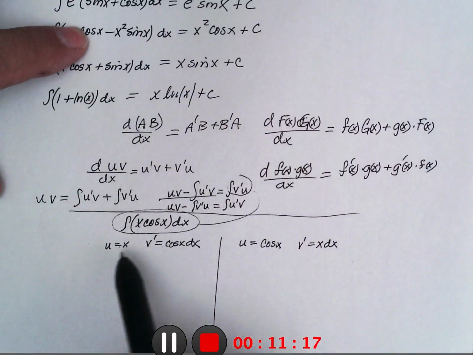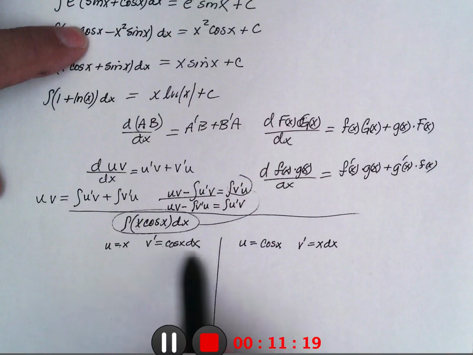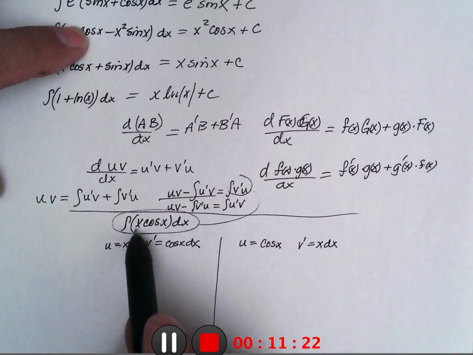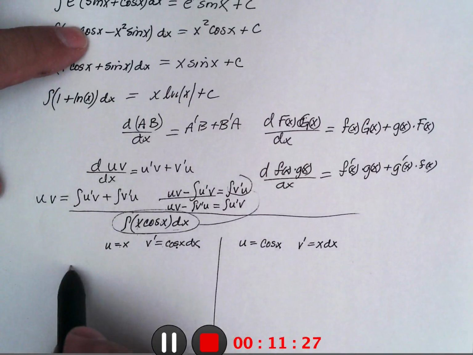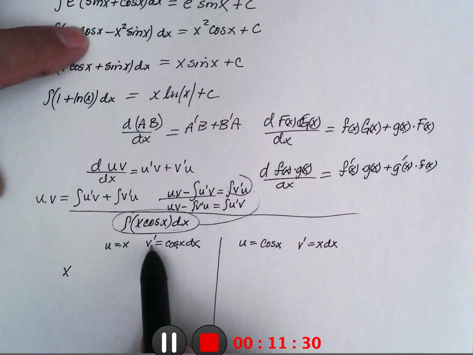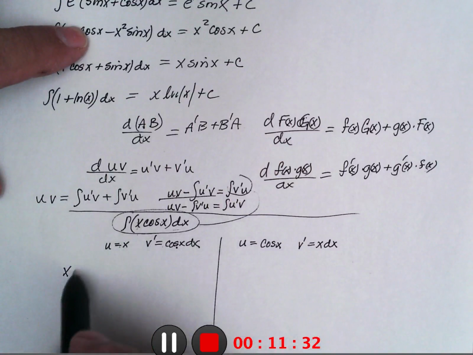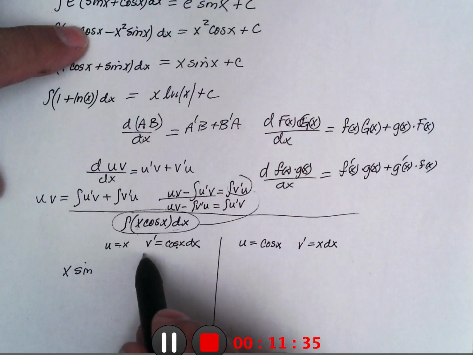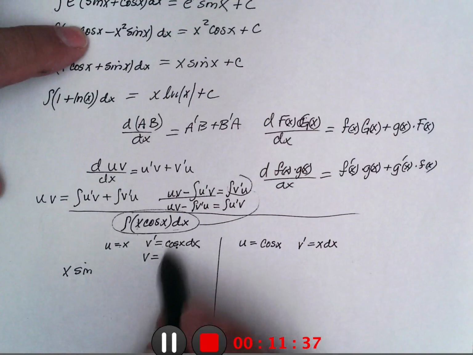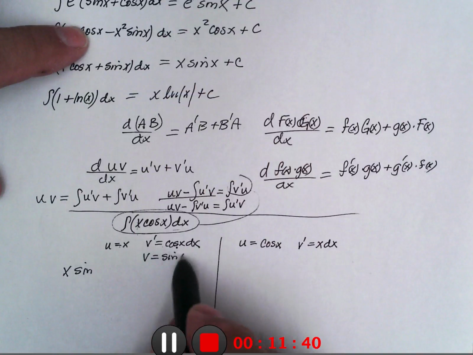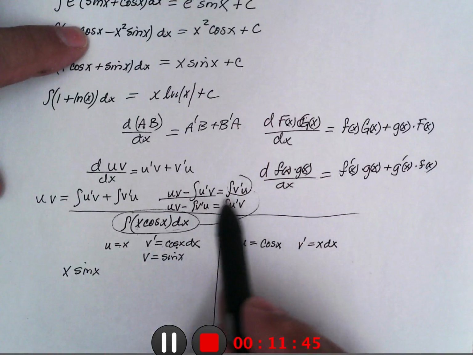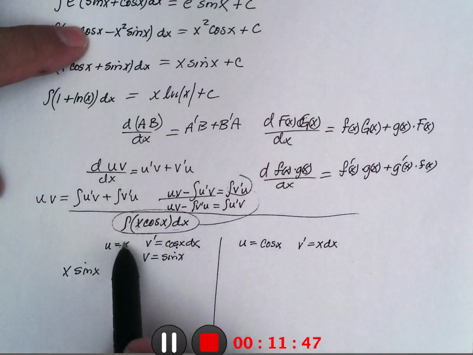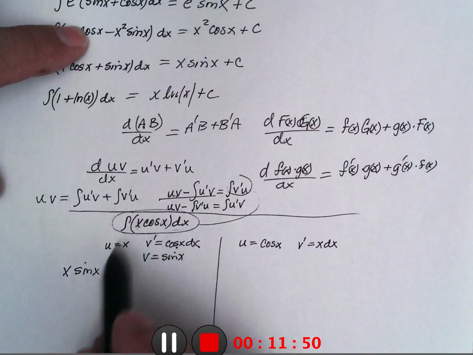So if I work with this choice of U and V prime, then U is x, V is the antiderivative of cosine, which is sine. So V would be antiderivative of cosine, which is sine of x. And minus, now the opposite of these two, so I got to do these two, which is the derivative of U is du, and the derivative of x is dx.